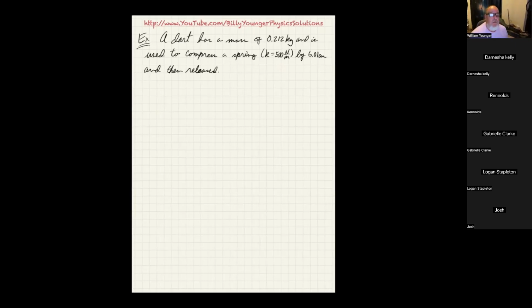What I want to know is how fast will the dart travel?